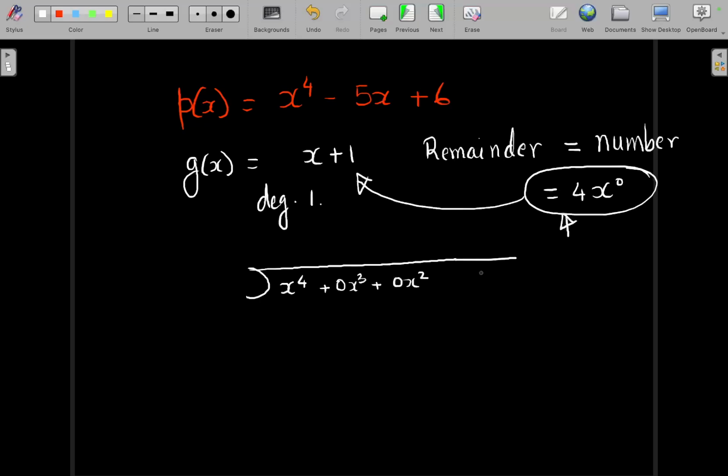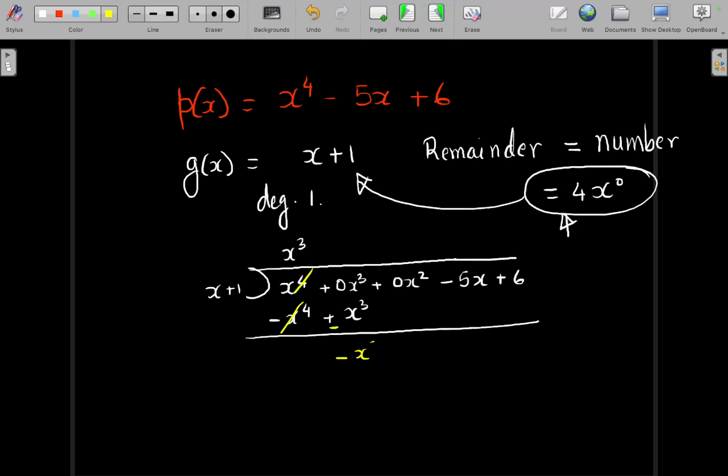Notice how I'm just putting the zeros when they are not there, and I'm going to divide this time by x plus 1, and here I will get x cube, and then this will be x raised to 4 plus x cube, and then I put a minus, and this gets cancelled. I have minus x cube plus 0x square minus 5x plus 6.